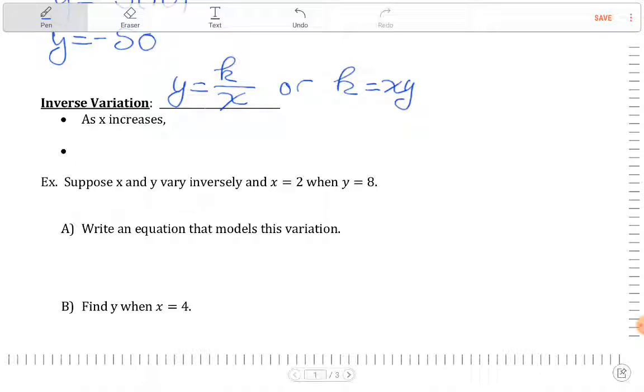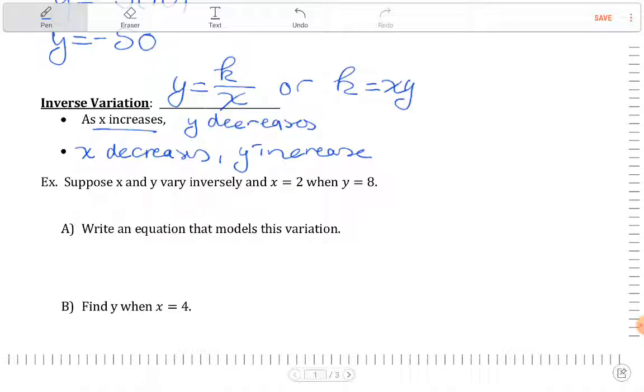In this case, as x increases, my y will do the opposite, y will decrease. And as x decreases, my y will increase. So it's inverse, it's doing the opposite of what is given.